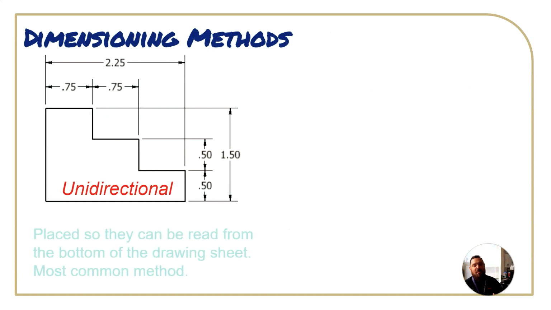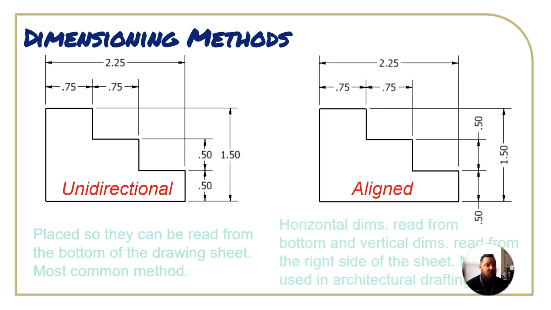So our dimensioning methods, we are primarily going to be using our unidirectional method, which is all the text is facing the same way. That is primarily what you're going to be seeing in engineering drawings. And then we have aligned.